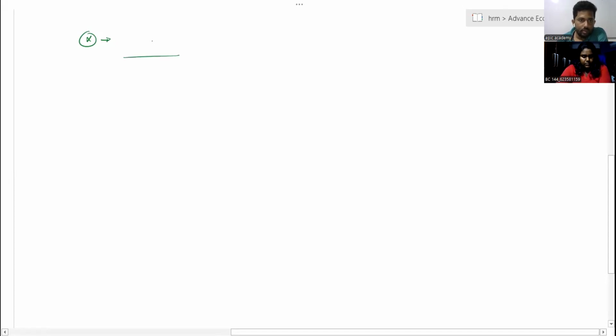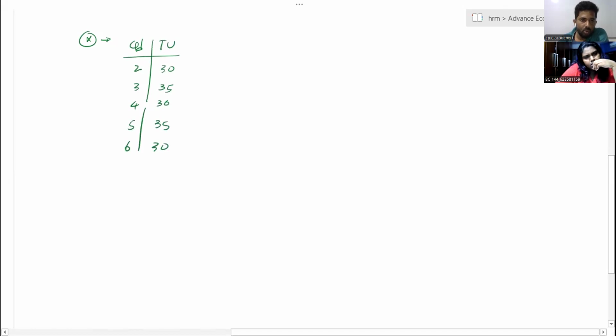When you consume commodities 2, 3, 4, increasing one by one, the total utilization, we call it TU, also increases: 30, 35, and 36 when you consume 5. Again 35 when you consume 6, it is 30. Now you can identify the relationship with quantity demand.